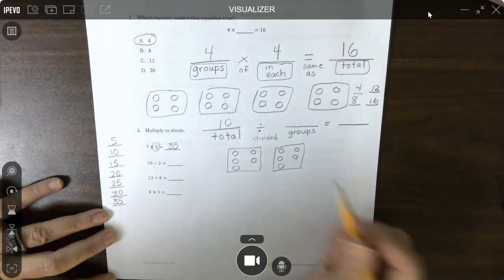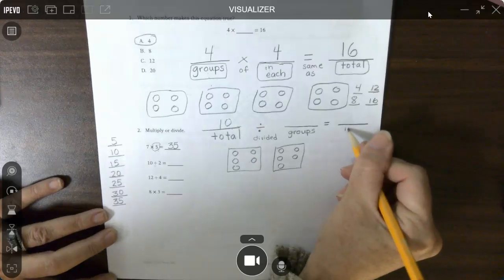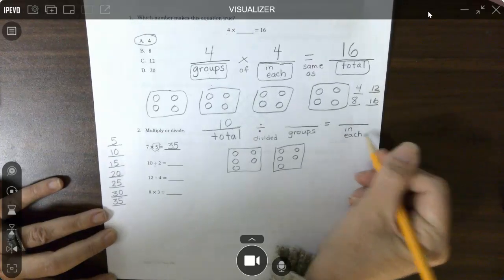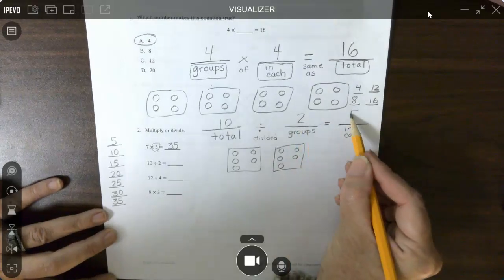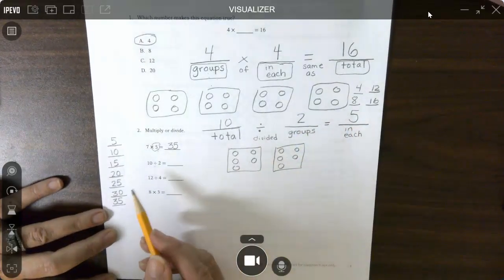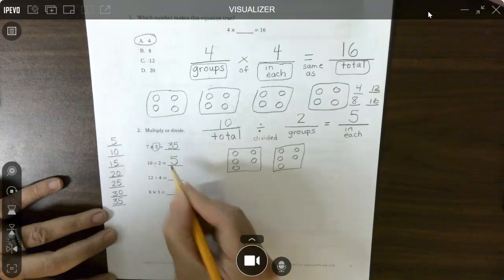So I have 5 items in each group. 10 divided into 2 groups gave me 5 things in each group. 10 divided by 2 was 5.